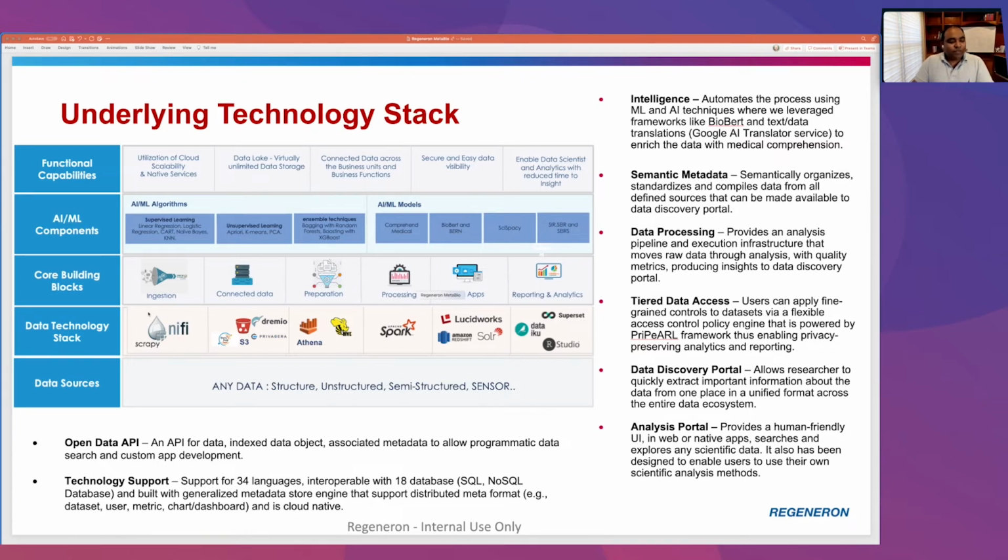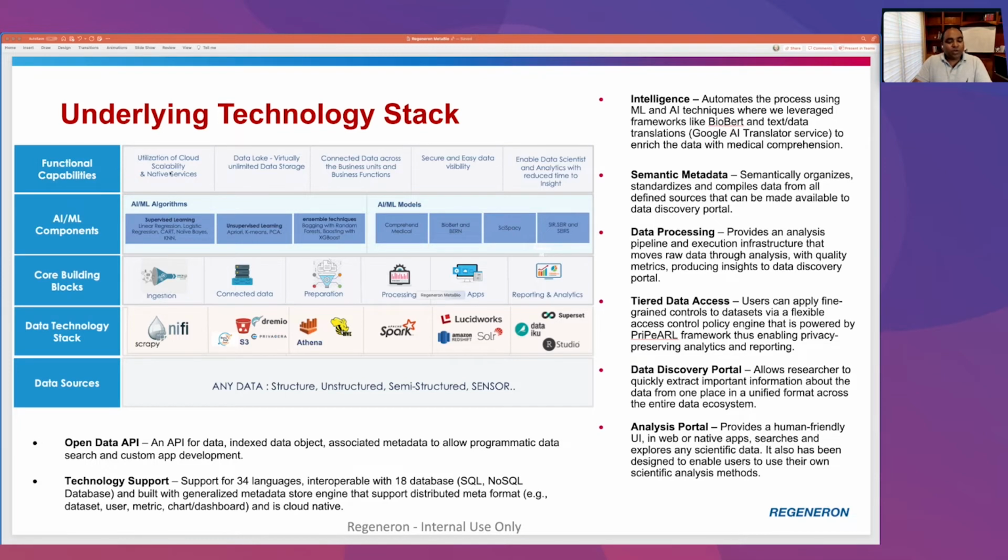On top of that, we have a layer of frameworks and technologies that not only brings AI, ML, industry standard algorithms and models, but enables us to curate Regeneron specific AI and ML models. These are very important, as you see in the previous slide. This is what empowers our contextualize and consume layer.